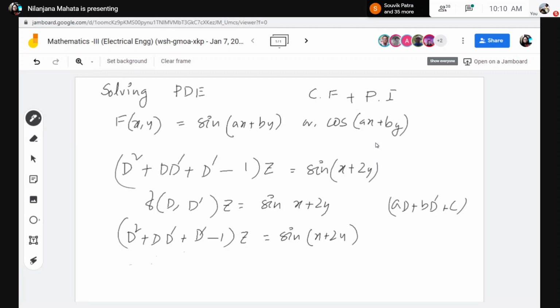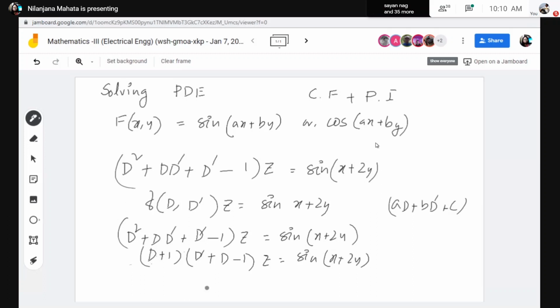So I will have the form as D plus 1 into D dash plus D minus 1 z is sine x plus 2y.